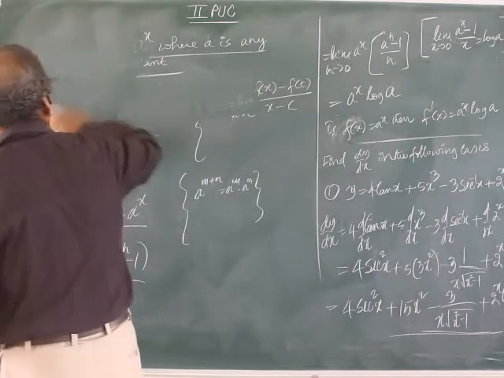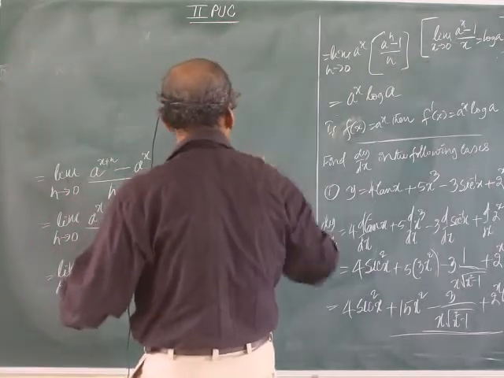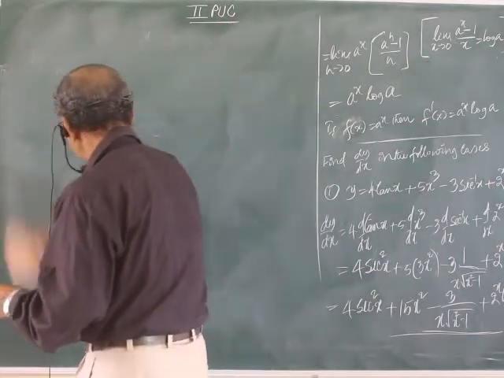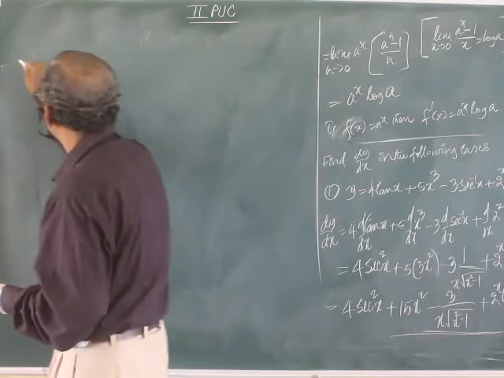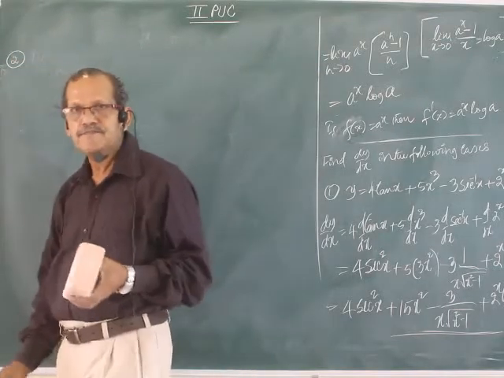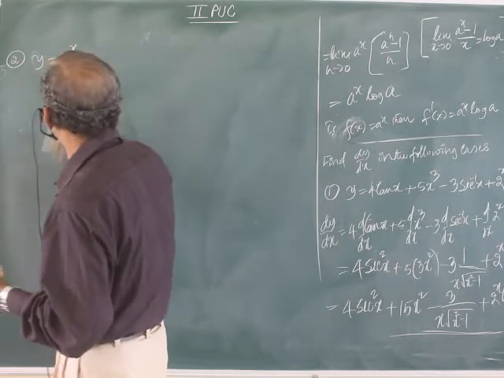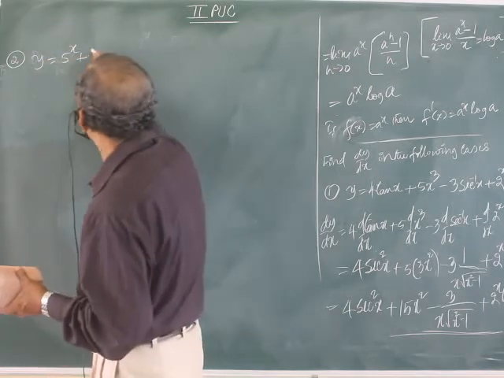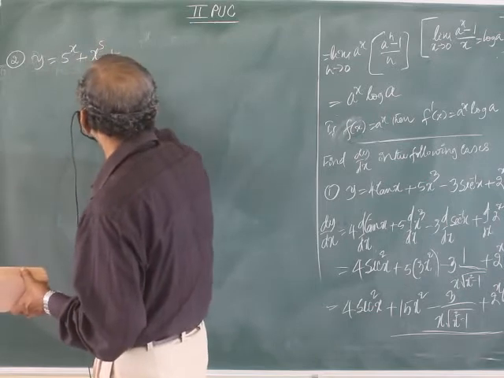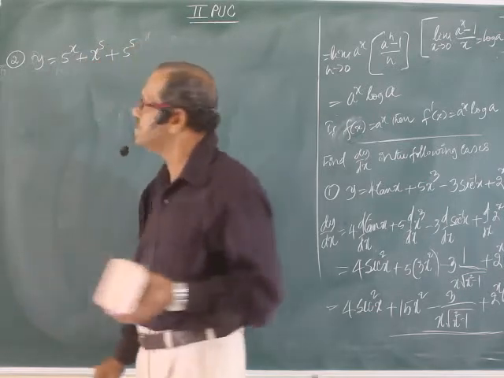So that you can include this a to the power x also. Problem number two. y equals 5 to the power x plus x to the power 5 plus 5 to the power 5.